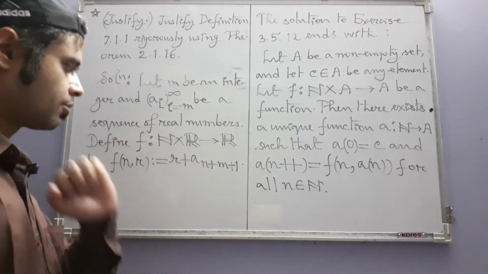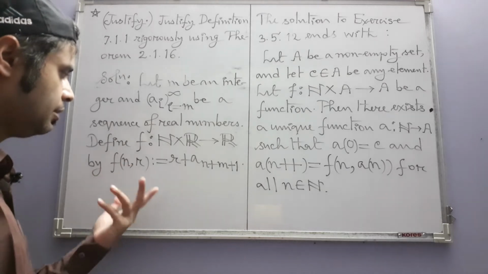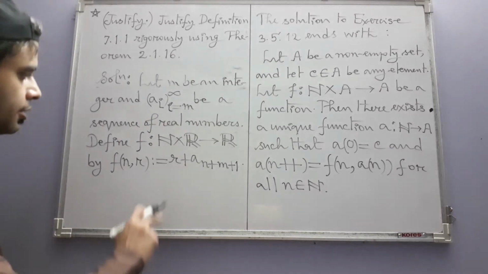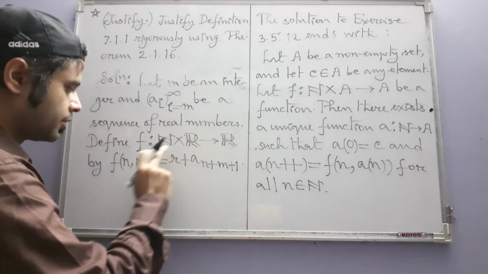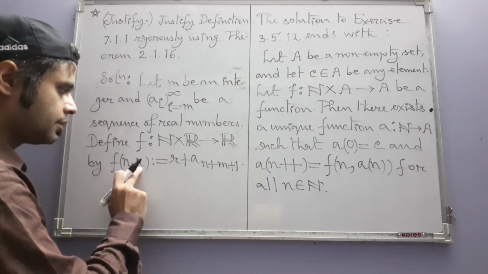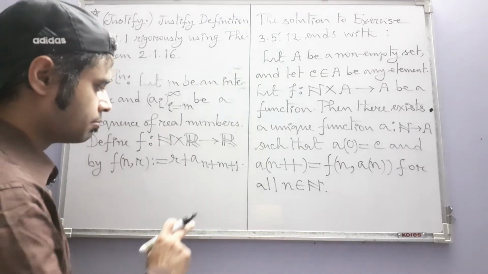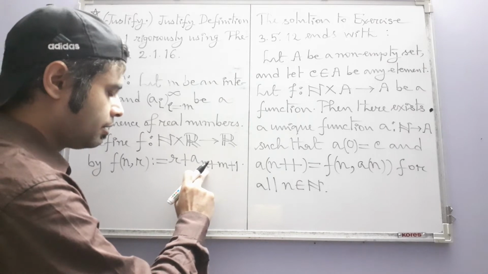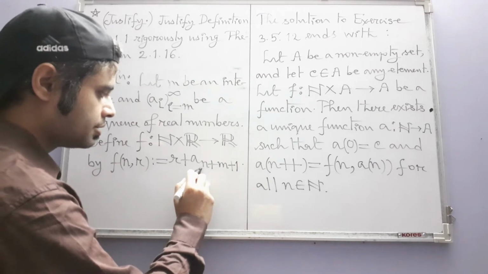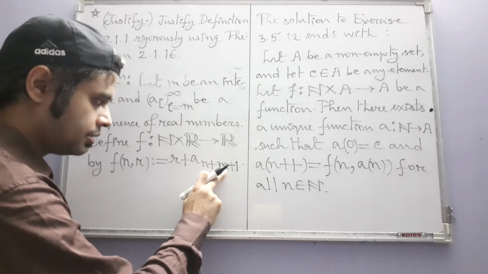Is there something wrong with this definition? Let us see. What I am trying to see here is whether this f is a well-defined function. You take any element from this Cartesian product, it looks like this ordered pair, where n is any natural number and r is any real number. Now because n is any natural number, n plus m plus 1 is what? What type of number is this suffix n plus m plus 1? m is an integer.